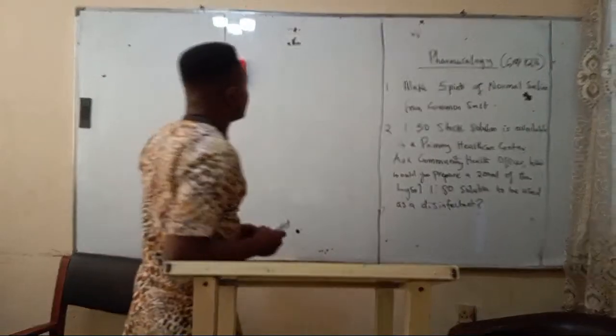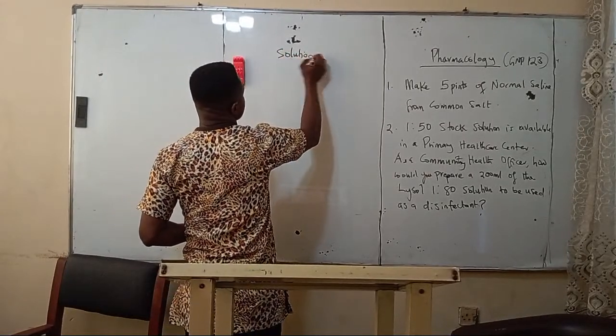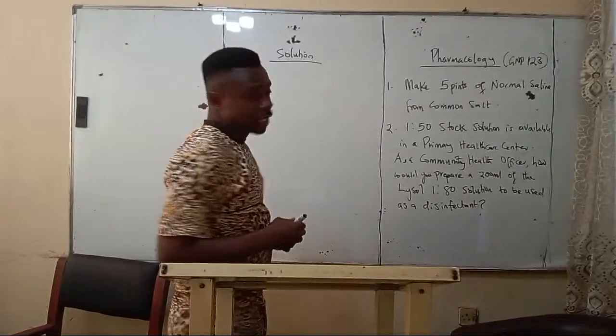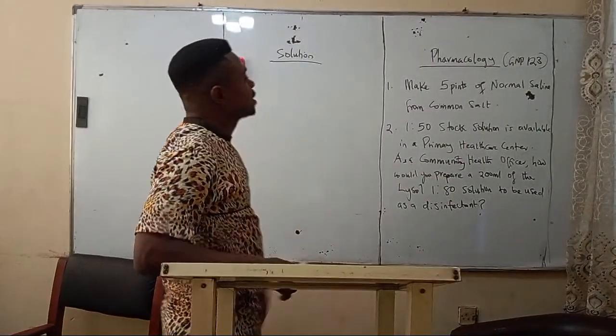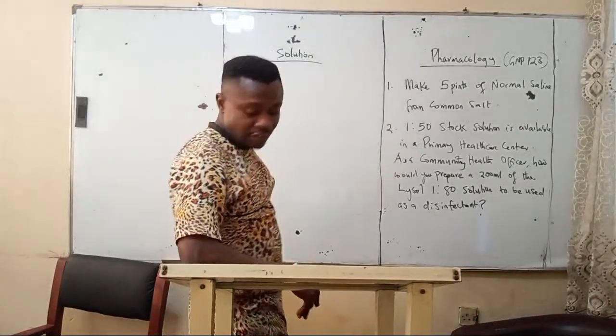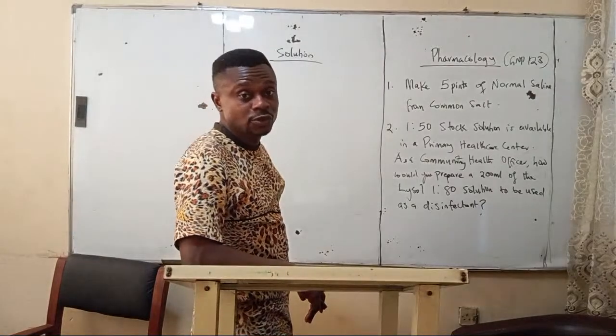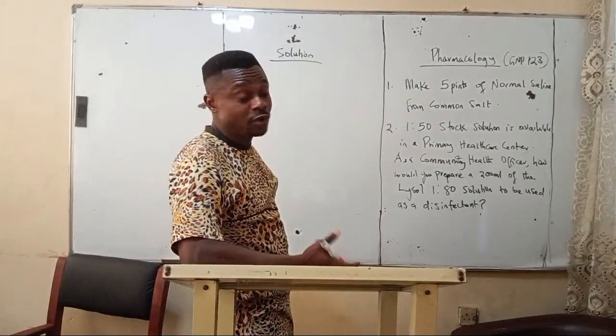So let's look at the first question. The first question says, make 5 pints of normal saline from common salt. What is common salt? Common salt is nothing but sodium chloride.